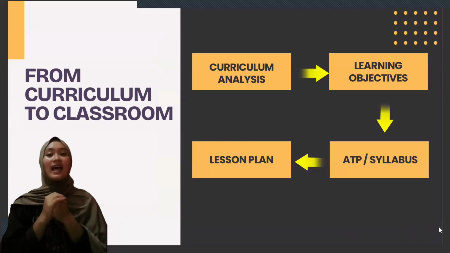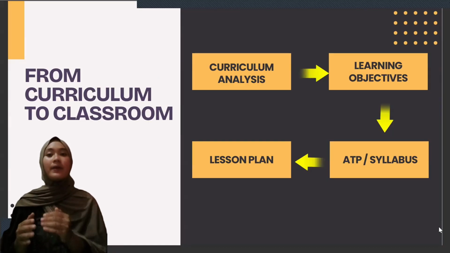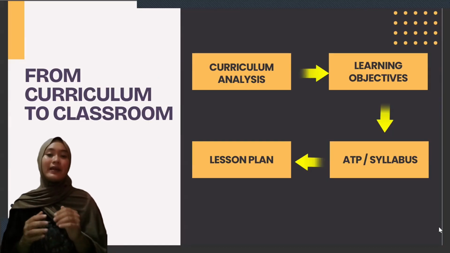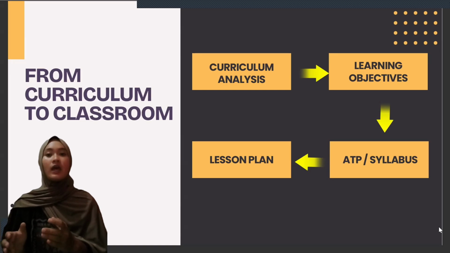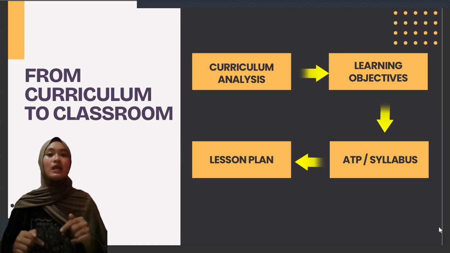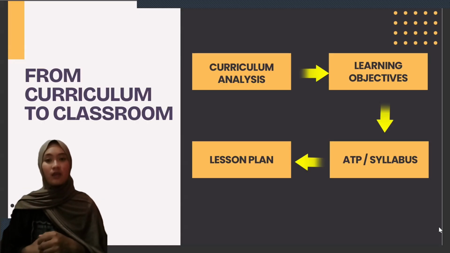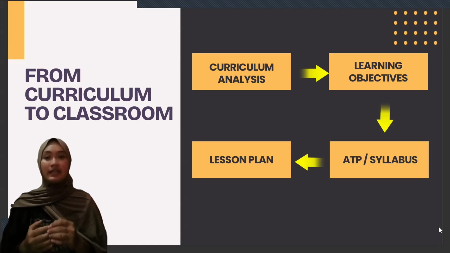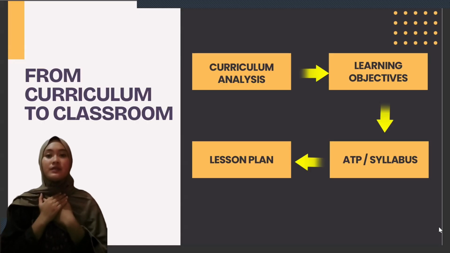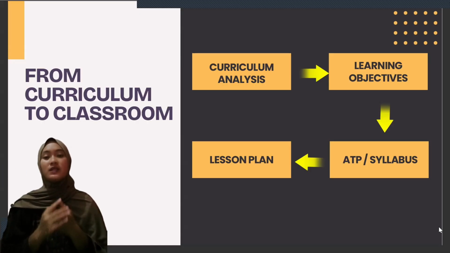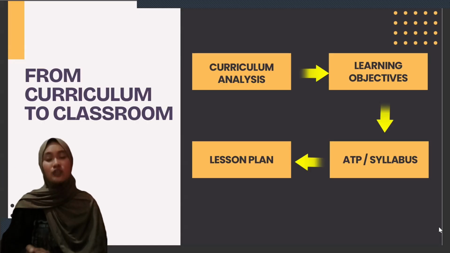First, I analyzed the learning outcome or capaian pembelajaran for English in PSD of the Merdeka Curriculum. The purpose of this analysis was to understand what students are expected to achieve at the end of the learning phase. After analyzing the learning outcomes, I developed several learning objectives that are specific and measurable for grade 7 students.